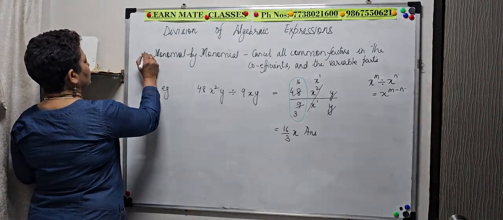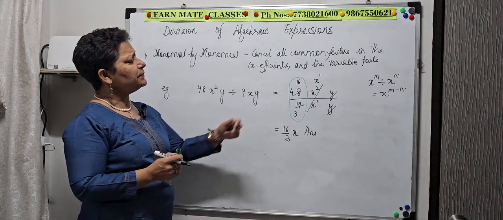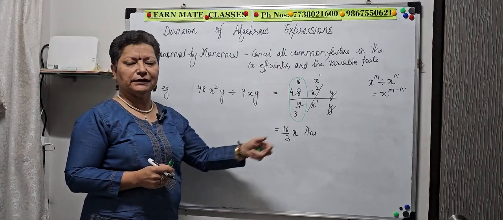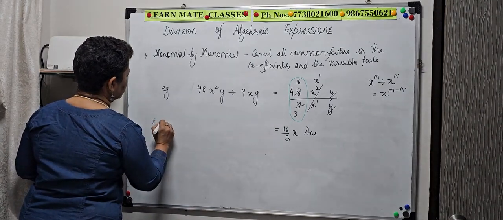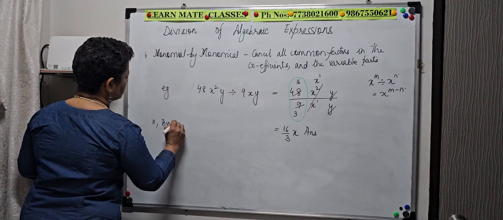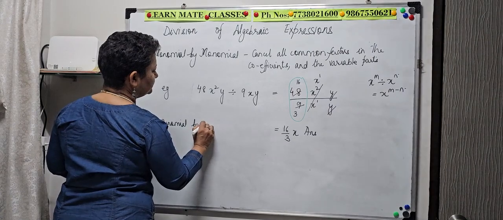The second thing that we could think of, and this is when you've written this in terms of a fraction, and simply cut the common factors from the numerator and the denominator. Suppose I give you a binomial by a monomial. That can also be achieved in a similar manner.